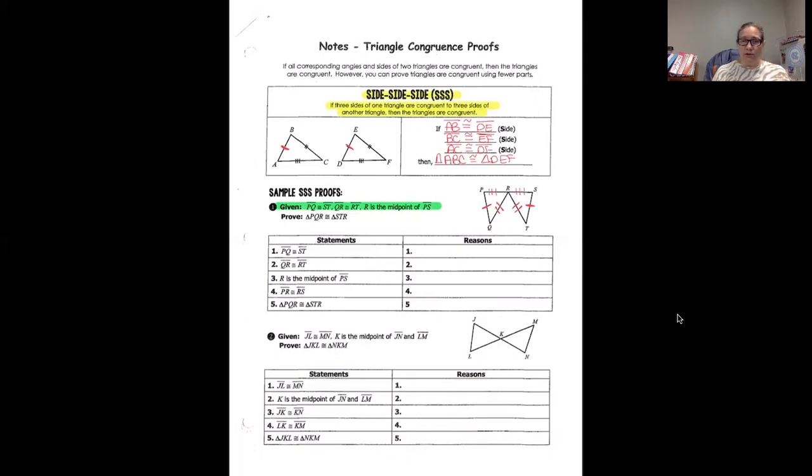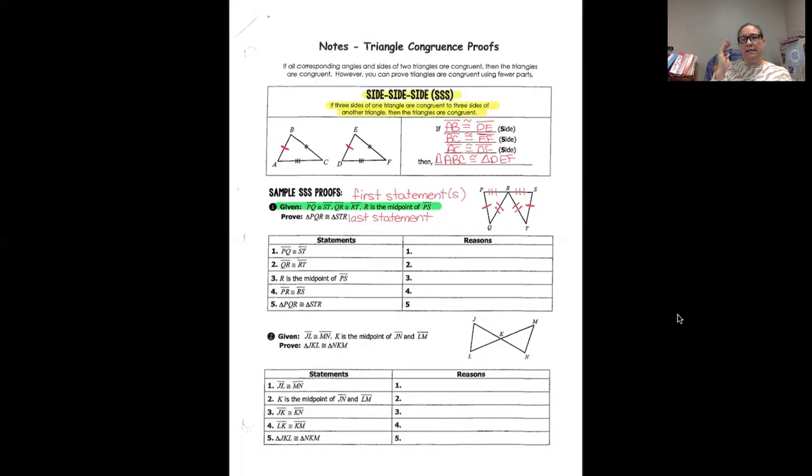So it also tells you what you want to prove. The prove is always your last statement. The given is usually the first statement or first set of statements. So I'm going to put a little S out here at the end.